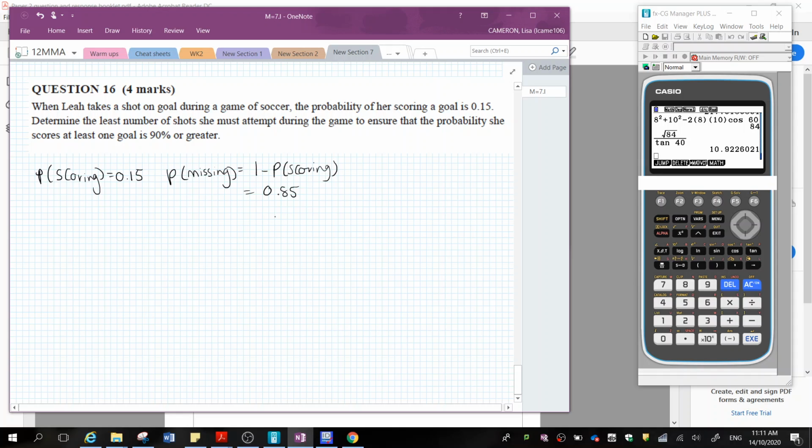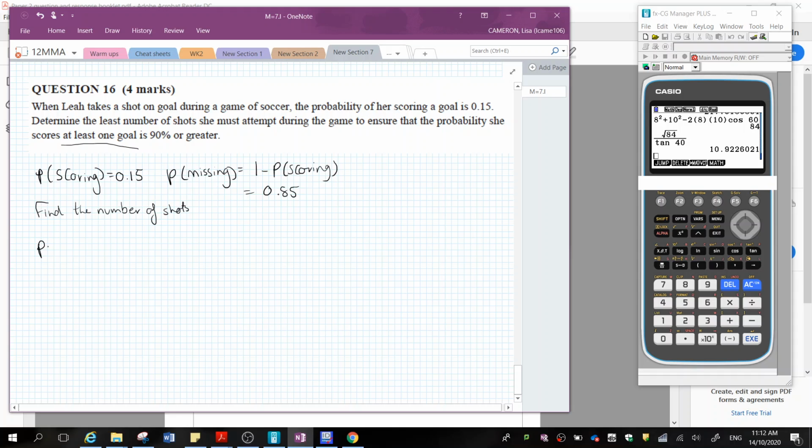Determine the least number of shots she must attempt during the game to ensure the probability that she scores at least one goal is 90% or greater. So that means that we want to determine the number of shots given that she is going to score at least one goal.